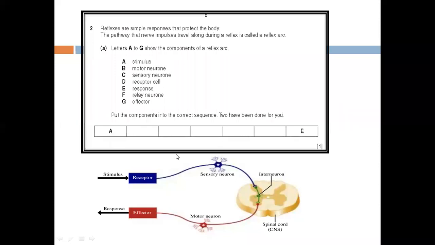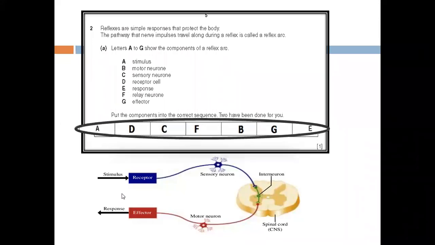And after the relay neuron, it will travel through the motor neuron. So I will search for the motor neuron. It's a motor neuron, right? And then it should be the effector. So with us, this one is the effector. And the last one is the response, that one. You can check. Is it clear to all?